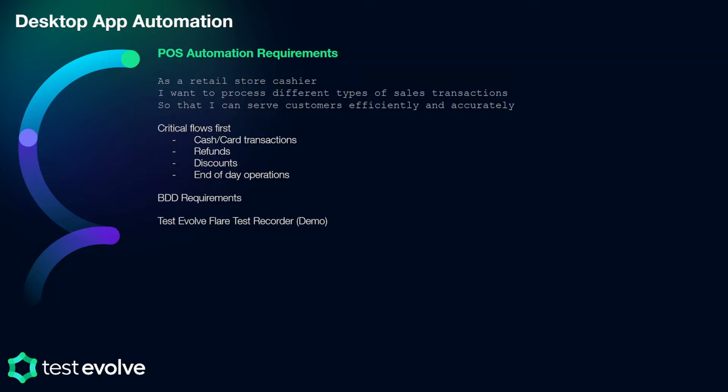On to POS automation requirements. It's really important that we identify the critical flows. I'd highly recommend getting close to someone in the business or someone who uses the till regularly in order to identify what the critical flows are. So obviously cash and card transactions are going to be up there.